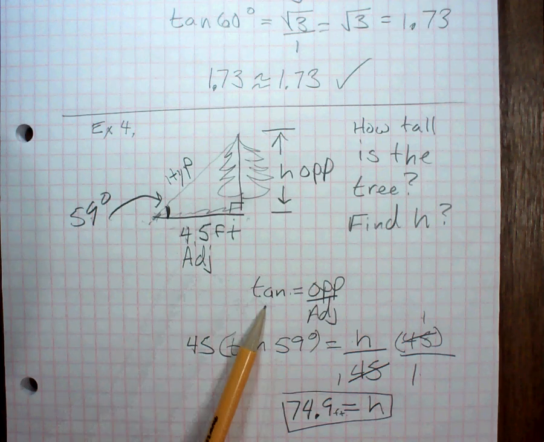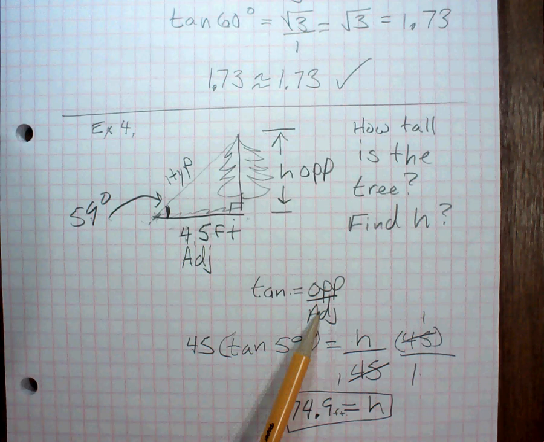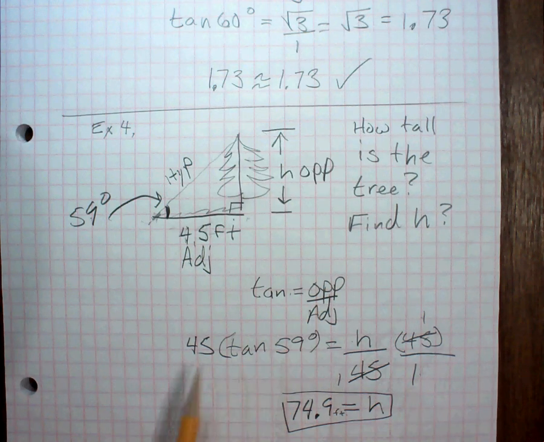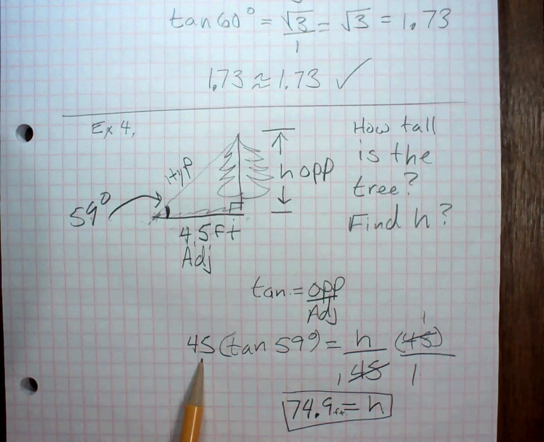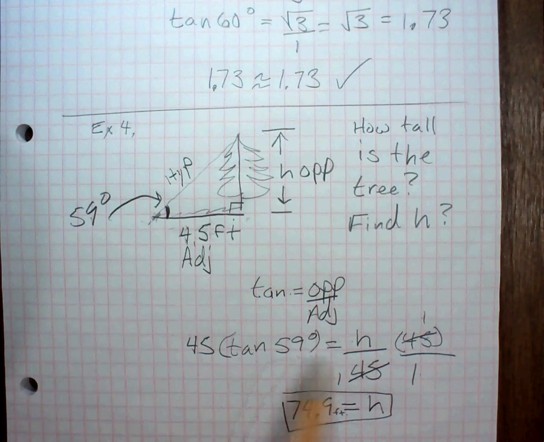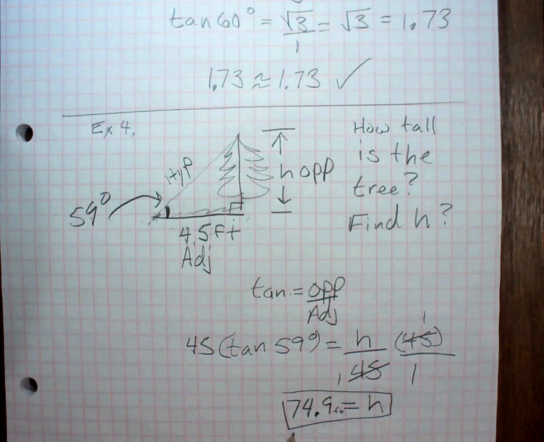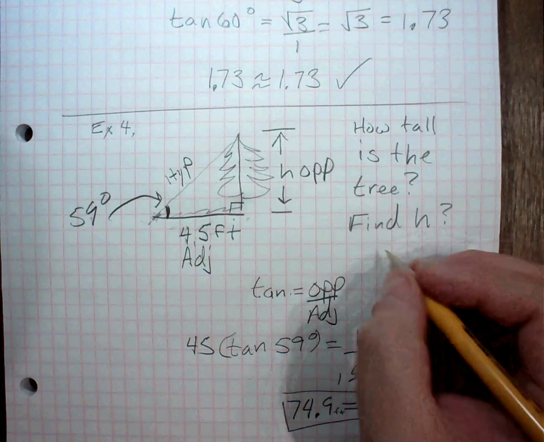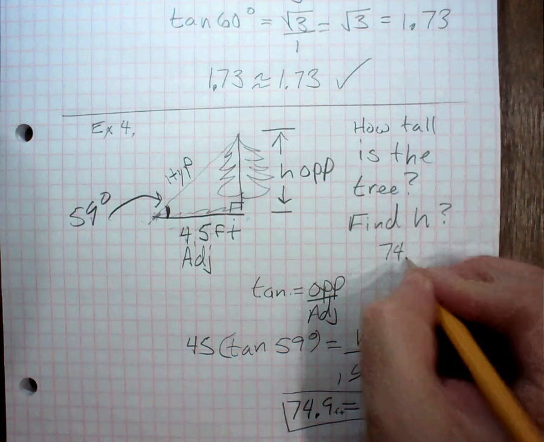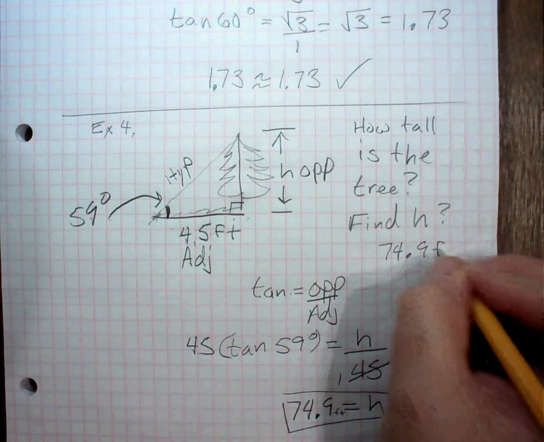The tangent is the trigonometric ratio that compares the opposite over the adjacent. So then we're going to have an equation: tangent of 59 is equal to h over 45. Do some algebra and we get h is 74.9. In other words, the tree is 74.9 feet tall.